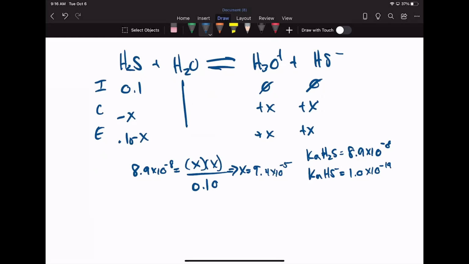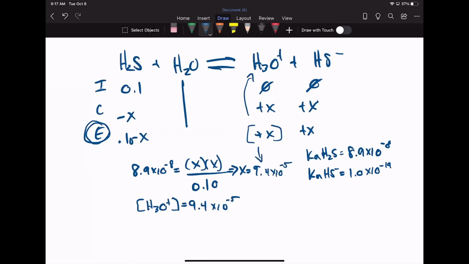Because I know what x is, I now know the concentration of H3O plus, because these are equilibrium concentrations. So H3O plus is equal to 9.4 times 10 to the minus 5.